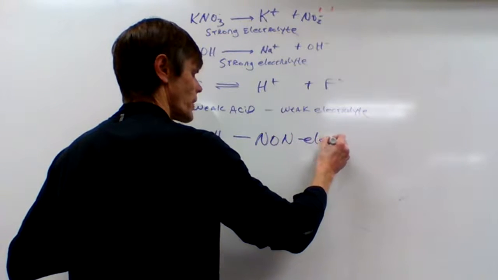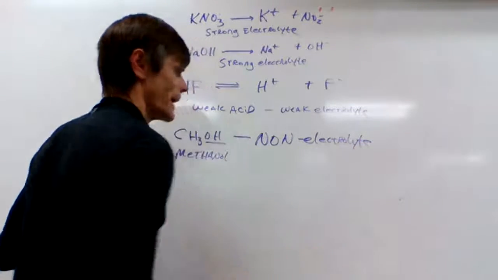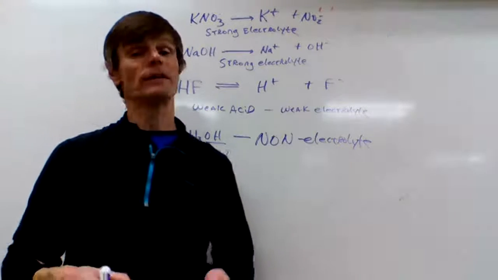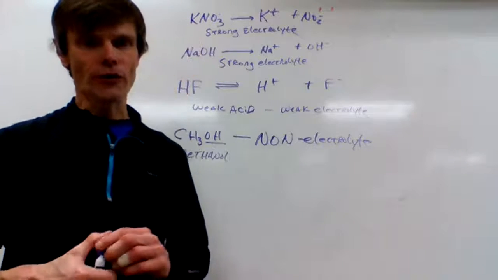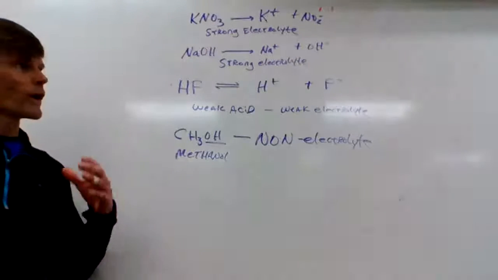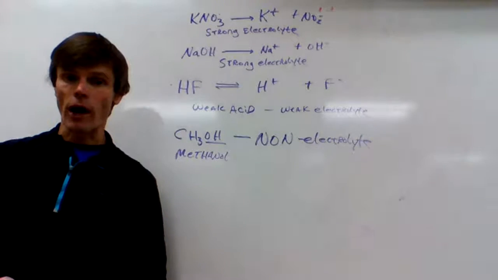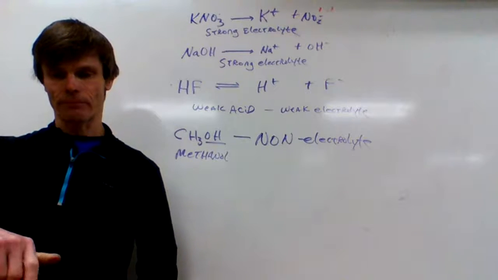It's not going to break up into individual ions. If we had a light bulb attached to it, it's not going to illuminate. So those are some examples of predicting whether a compound is a strong electrolyte, weak electrolyte, or a non-electrolyte.